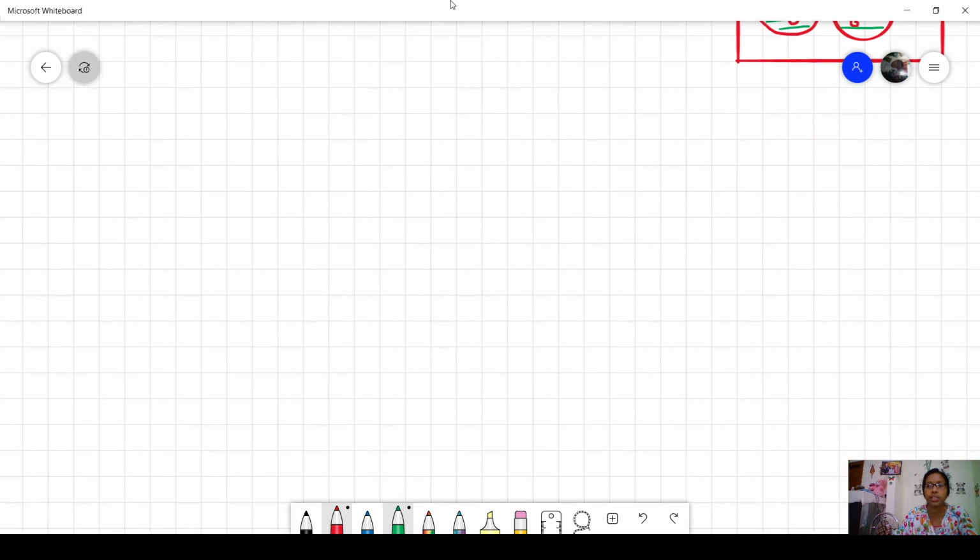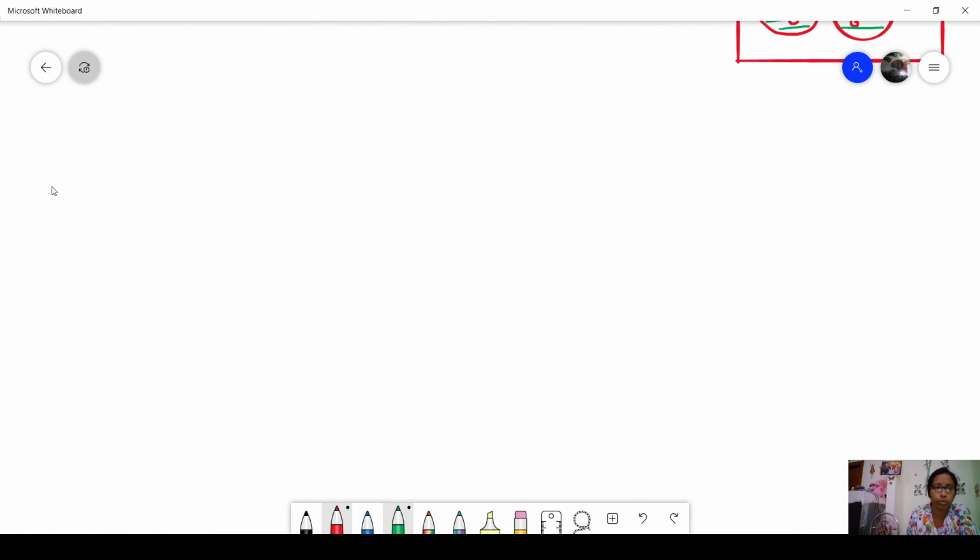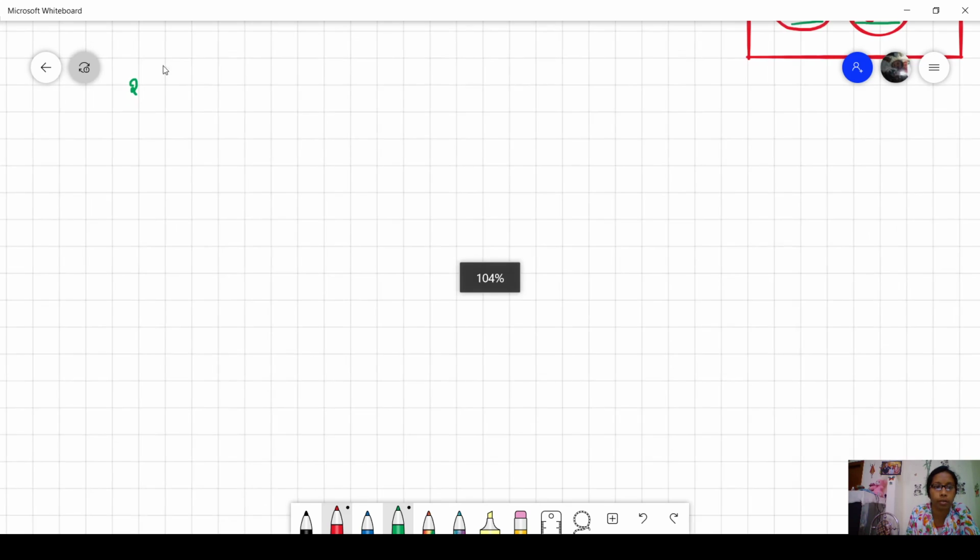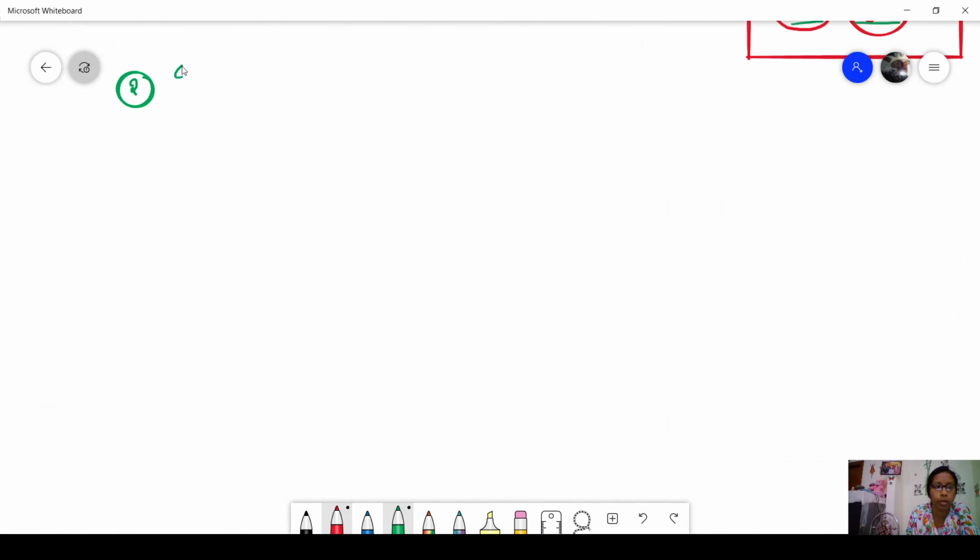Now we will deal with the next operation, that is intersection. Intersection of two sets. So we know that the intersection of two sets means the common elements between two sets A and B, or the elements of A and B which are there in common.